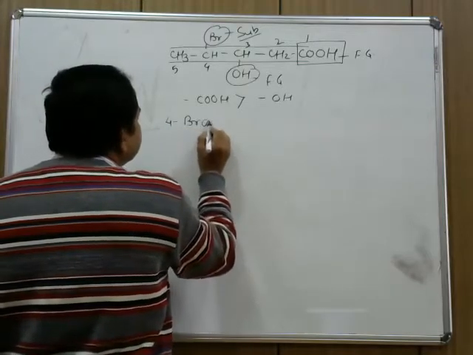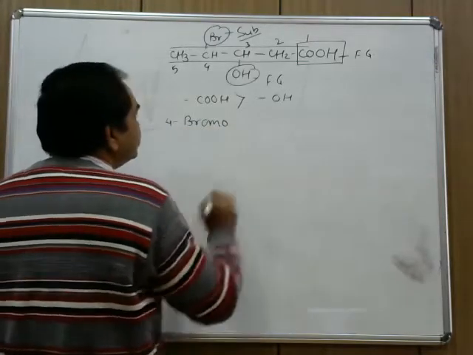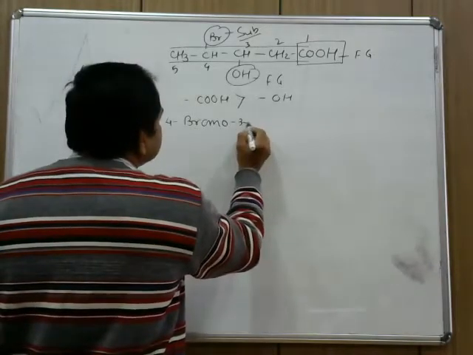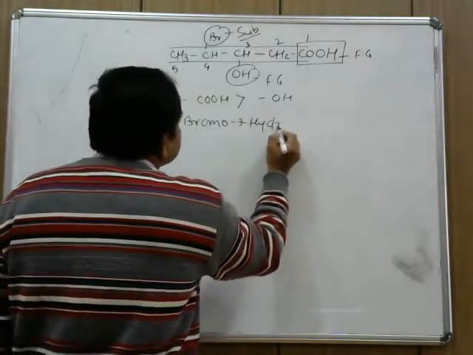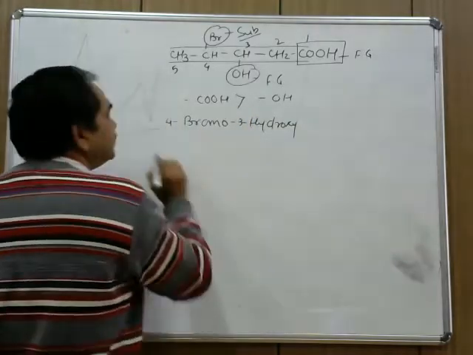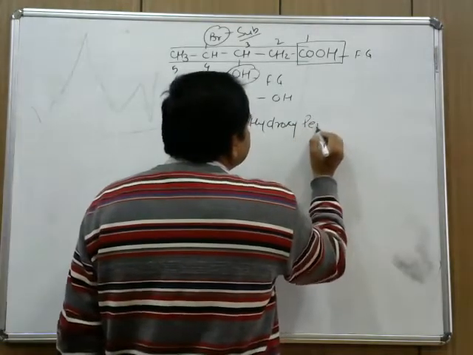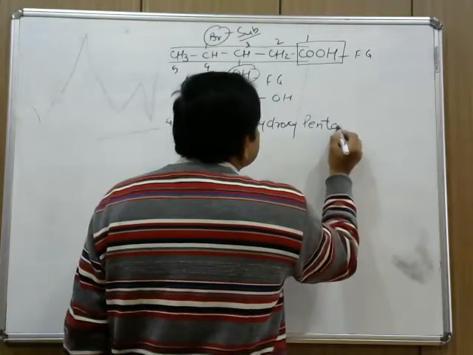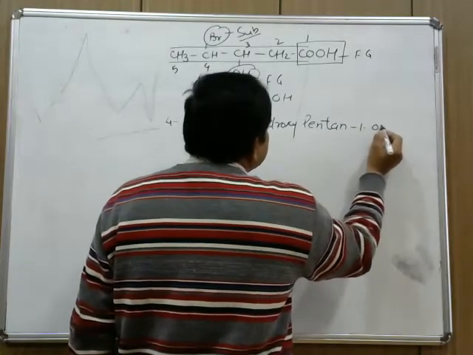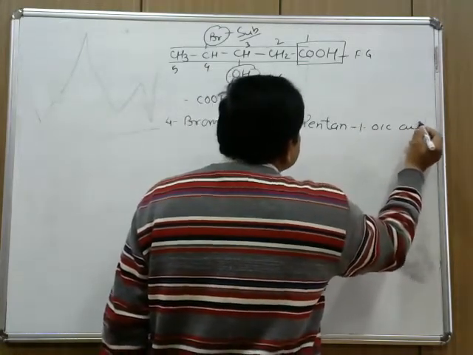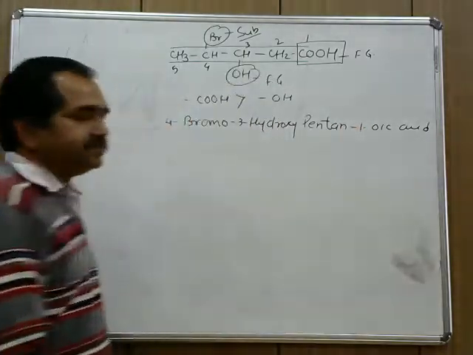So we write 4-bromo, then 3-hydroxy, then the root word pent, and 1-oic acid.